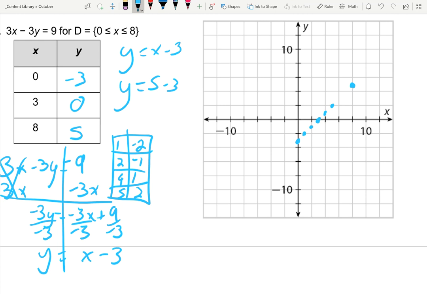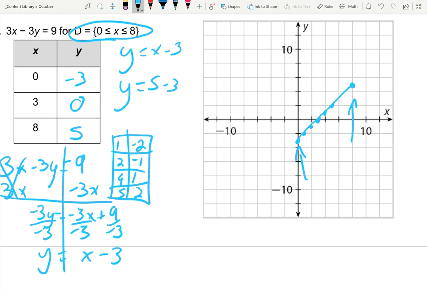Now, here's where this domain comes in to be really important. The domain is from 0 to 8 continuous. So it starts at 0, which is at this point here, and it ends at 8, which is this point here. But it's continuous between those points. So that means that all the points between them would be connected with a line because it's continuous on those points.